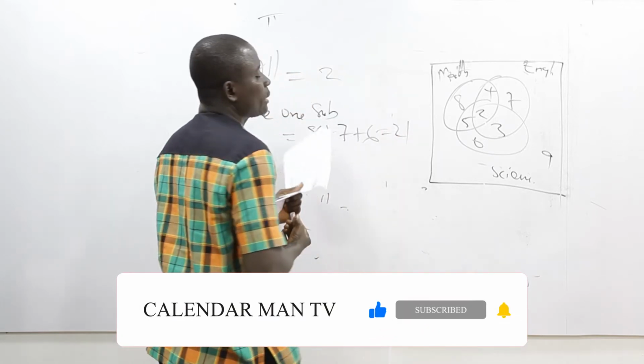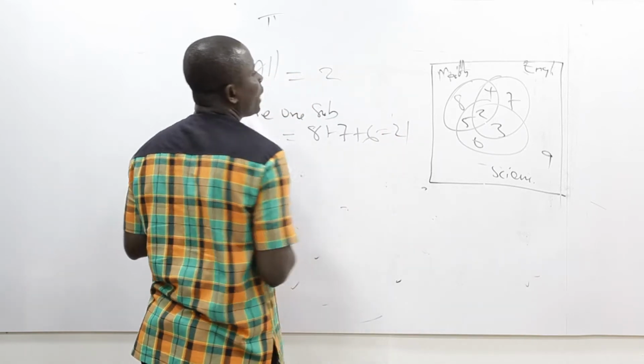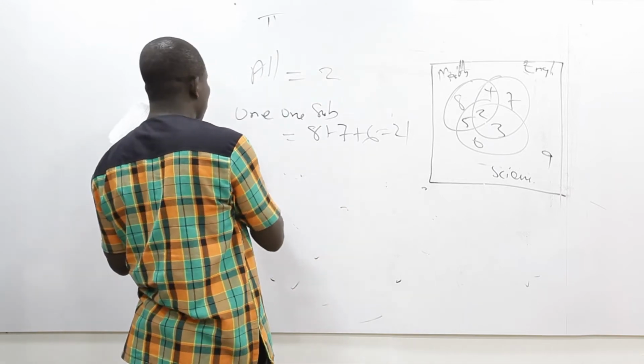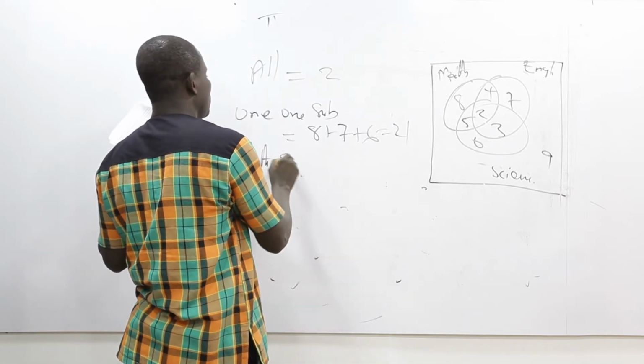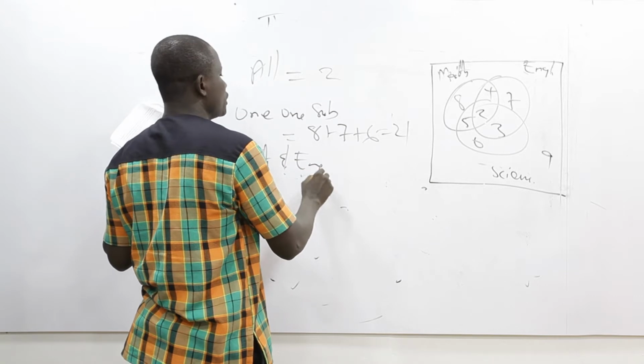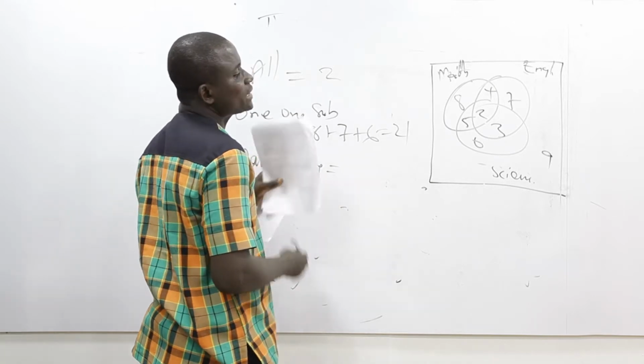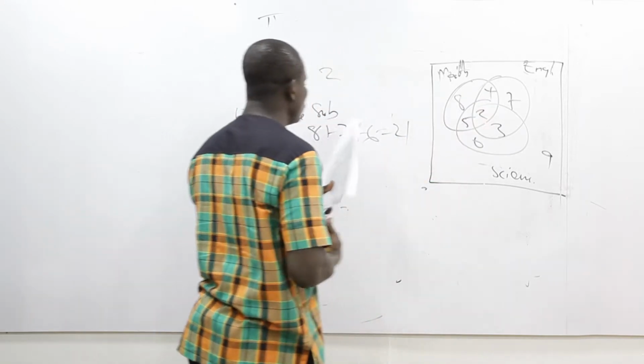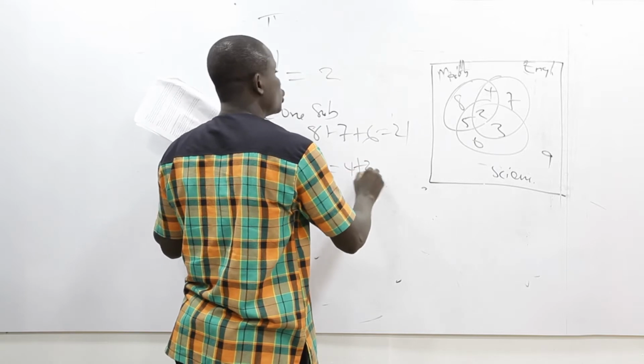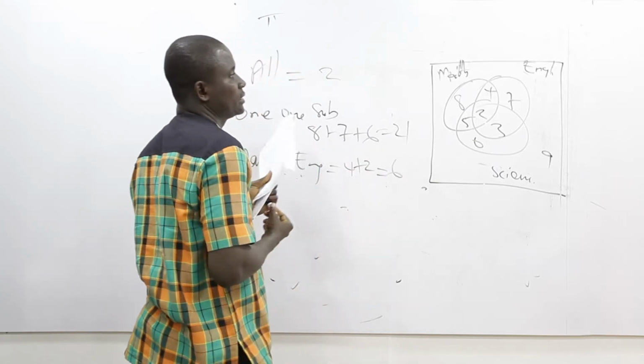That is only one subject. What about both mathematics and English? Maths and English is going to be 4 plus 2, which is equal to 6. Now, note here.